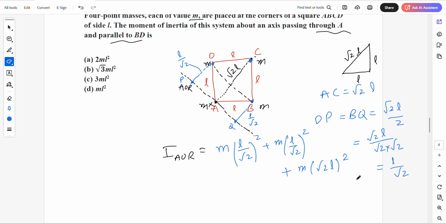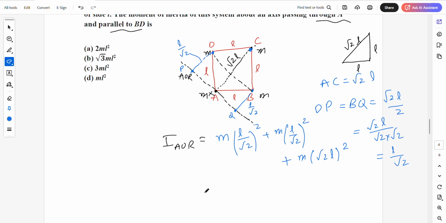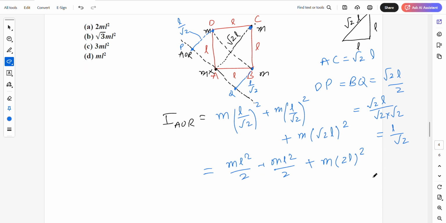That is equal to m L square by 2 plus m L square by 2, if you square L by root 2, L square by 2, plus if I square this, how much do we get? m into 2 L square. This will be 2 L square.